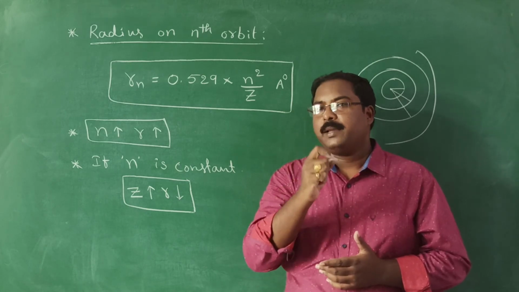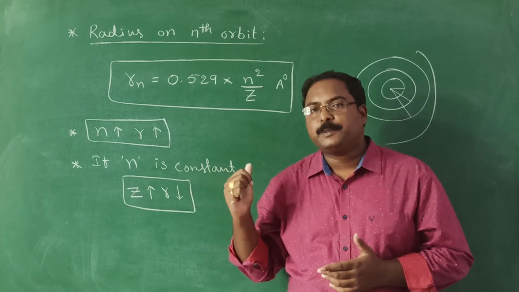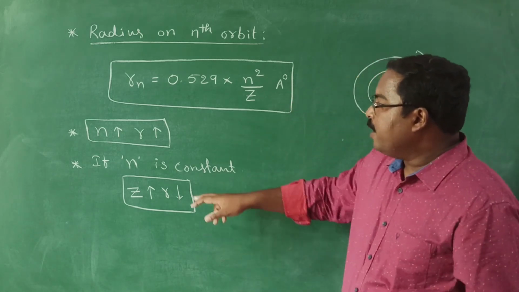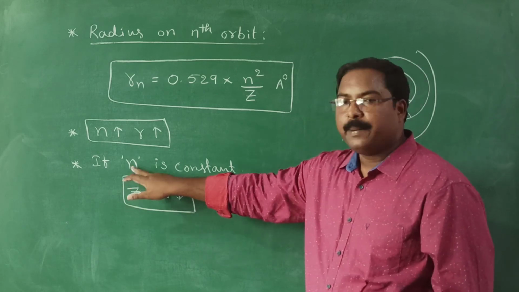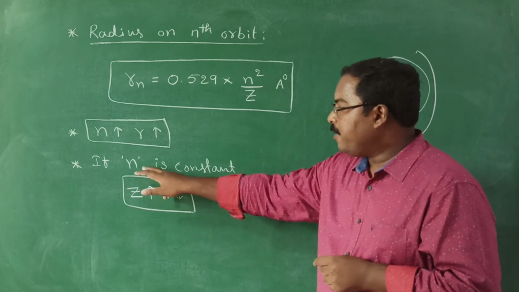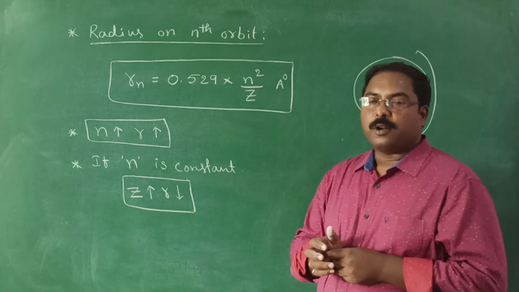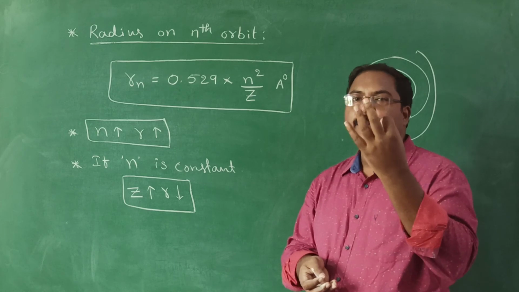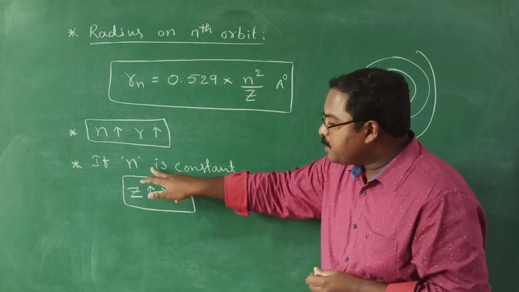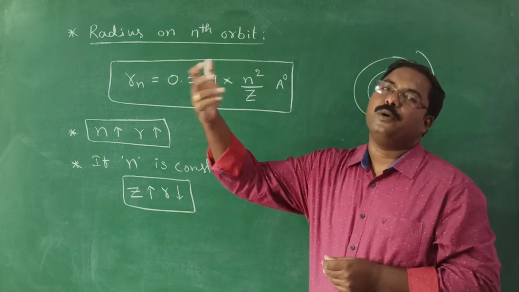But sometimes, mainly at NEET level or state-level exams, if you observe the options, we are able to guess the answer. How can we guess? For a particular orbit, in both cases the orbit number is the same. Hydrogen and lithium, we are comparing the second orbit only, so n value is constant. Now, whose atomic number is more? It is very clear: lithium atomic number is 3, hydrogen atomic number is 1. When lithium's atomic number is more, the radius of the second orbit in lithium is less when compared to hydrogen.